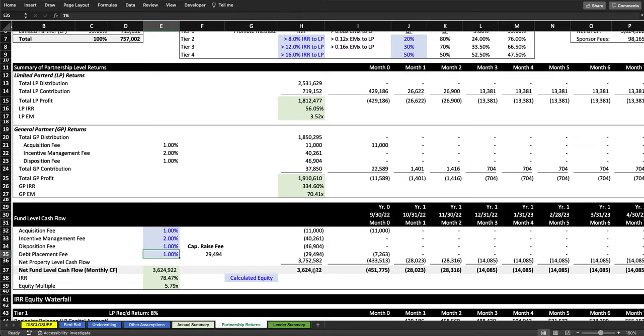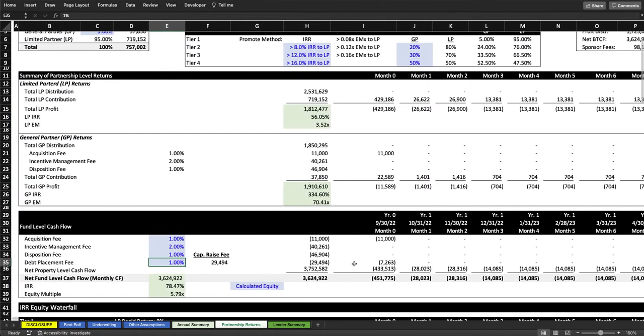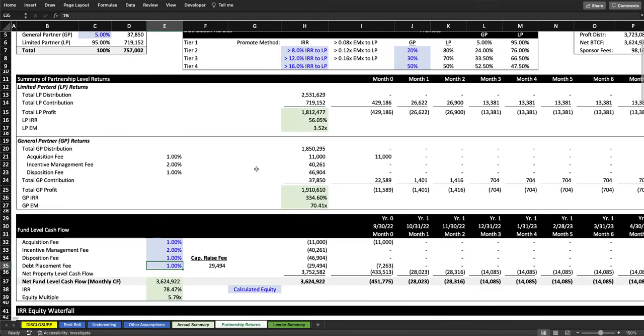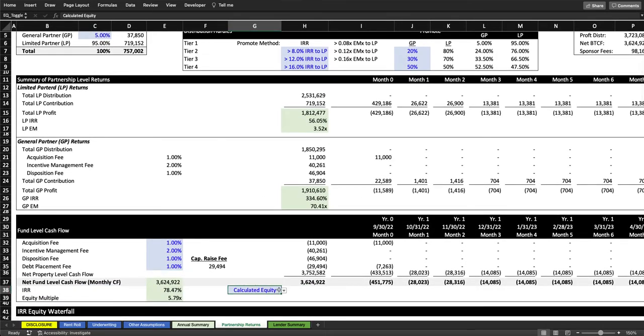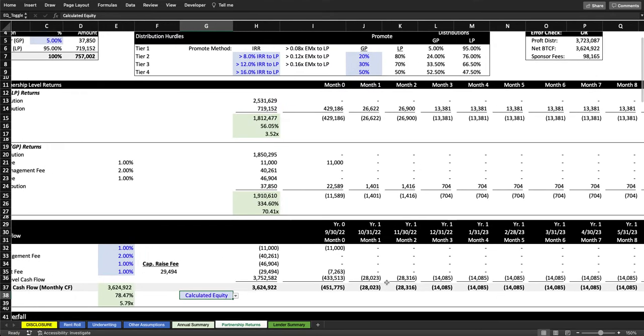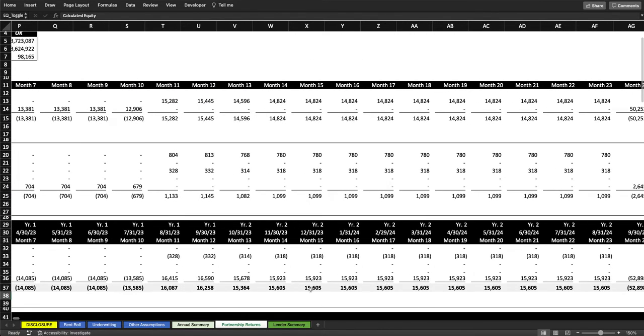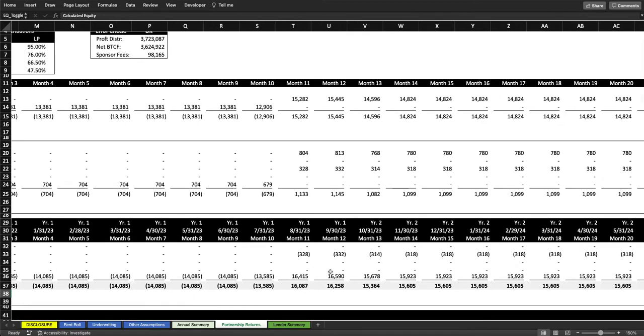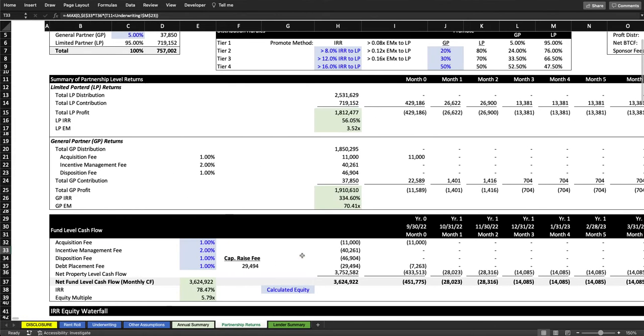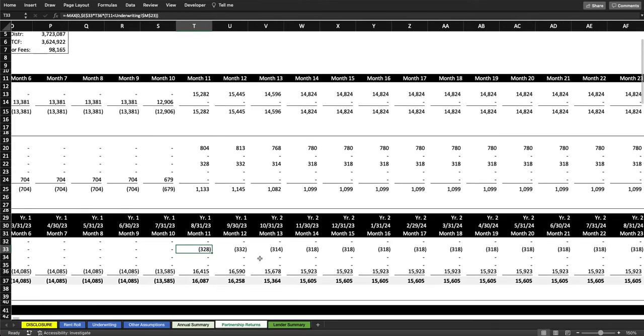And this will show you, based on the inflows and outflows of the project, how much equity is required. So right now we have calculated equity. So this is saying that the equity is contributed to the property based on the negative cash flows. So here you'll notice we have a distribution of $16,087, even though the incentive management fee kicks into place here.